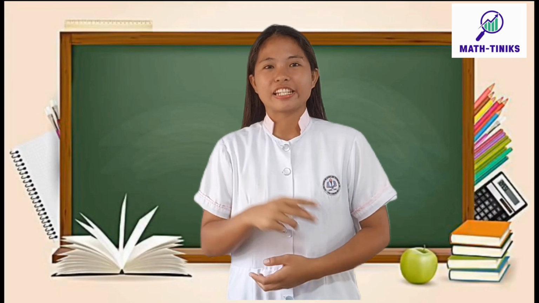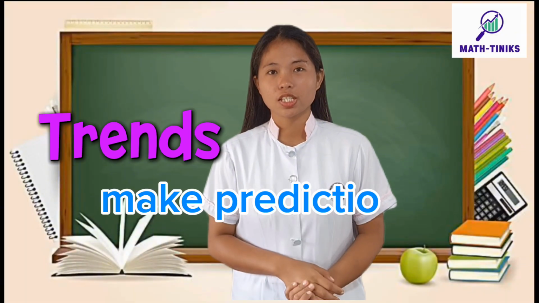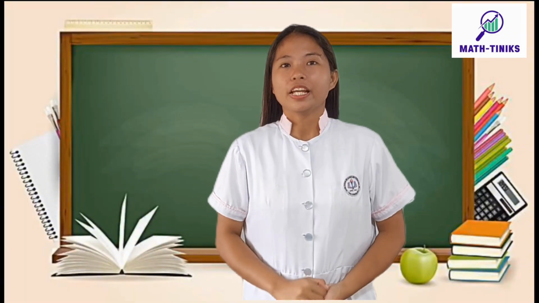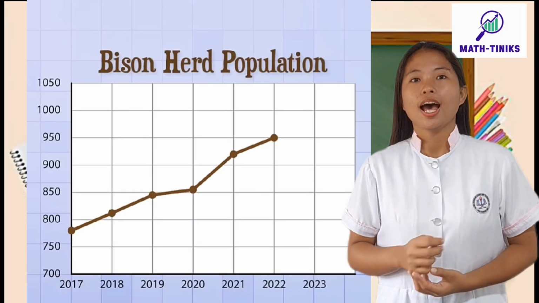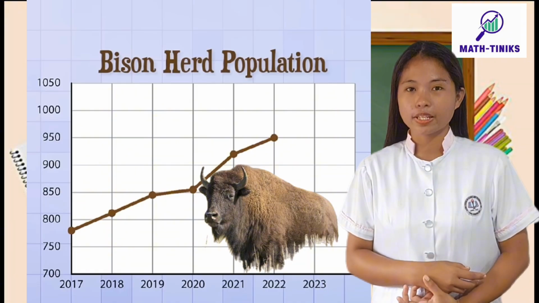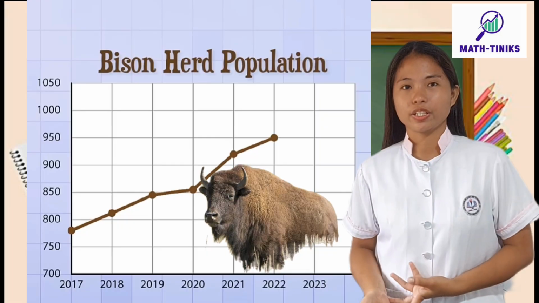Second, trends can sometimes help you make predictions about what might happen in the future. For example, if you have a line graph showing how the population of the bison herd was changing over time, it might help you predict how many bison you'd expect to see the next year.